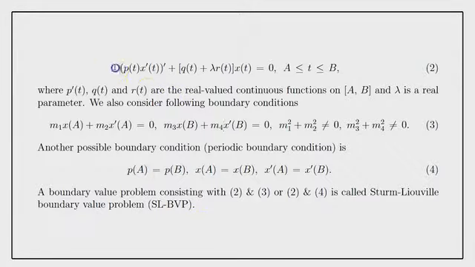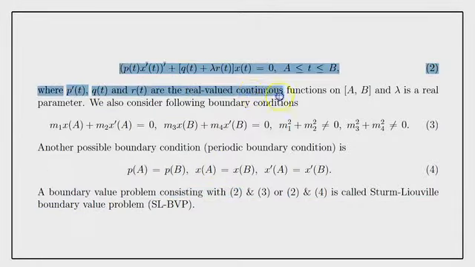And for this type of problem, in order to define the Sturm-Liouville boundary value problem, apart from these two boundary conditions, this additional condition is required to be satisfied, that is P(a) equal to P(b). Now, if we consider a boundary value problem consisting of equation 2, so that means this equation, of course P, Q, R, they satisfy the required conditions, like they are real valued continuous functions.